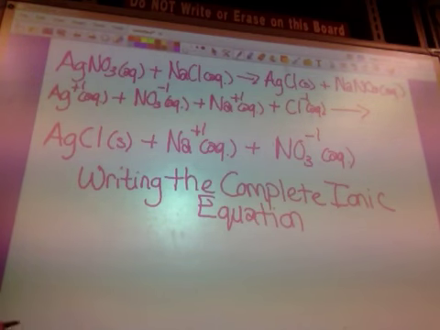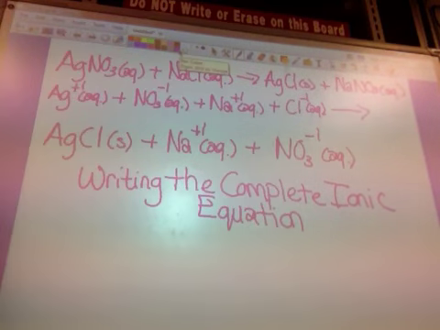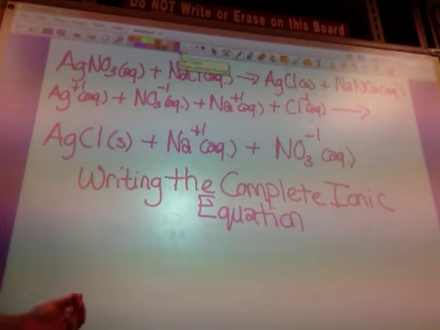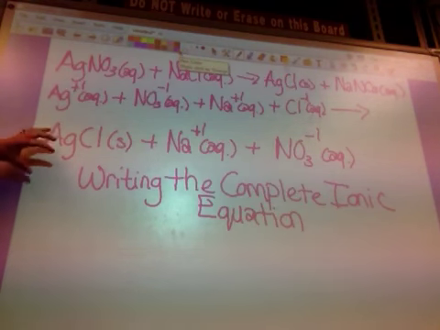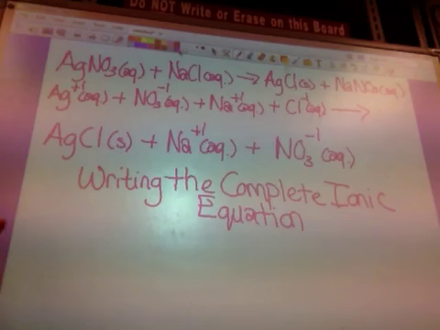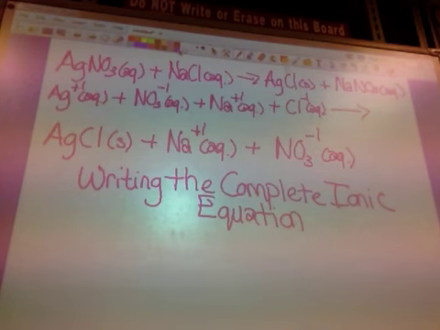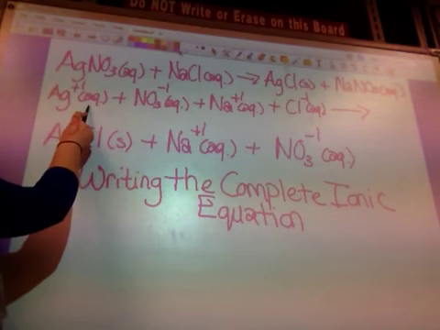Now that you have your complete ionic equation, we want to simplify this. We want to look at the reactant side and compare it to the product side and see if there's anything that is absolutely identical to where we can cancel those out. So for example, I have Ag with a +1 and it's aqueous.